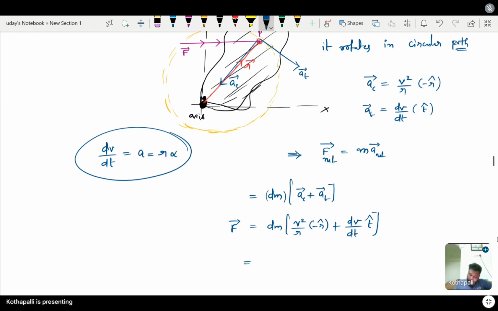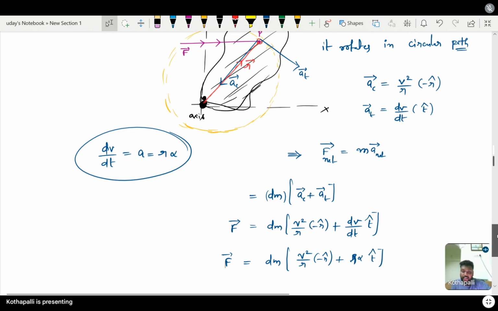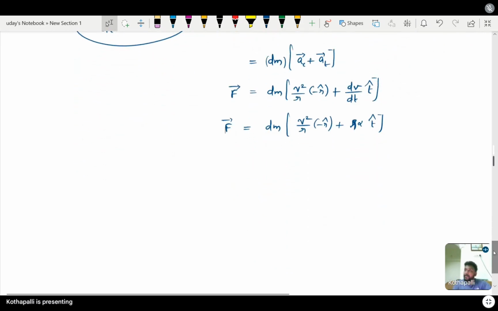So now it becomes dm into v square by r into minus r cap plus r alpha into t cap. Now we have got the force, right? Now what will be the torque produced by that force at that point P?